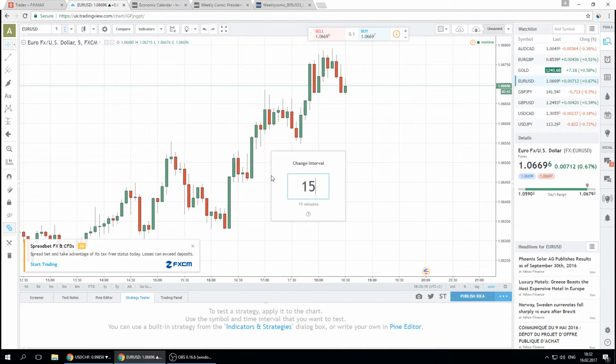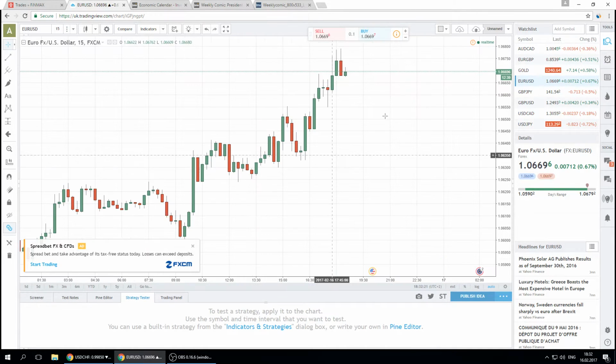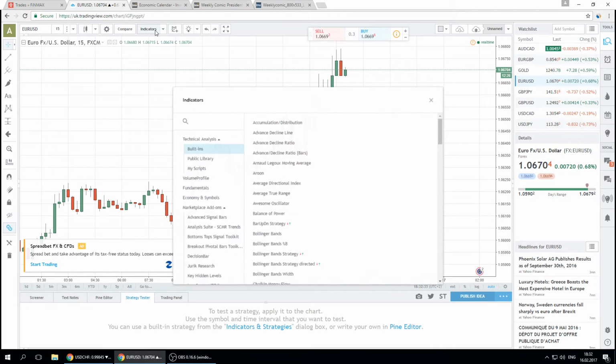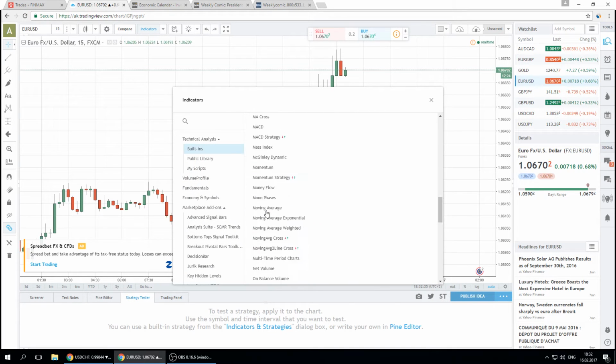Let's switch to the 15 minutes time frame. Right now we see the chart without any indicators, because it's hard to tell what to do in this case without any indicators. So we will add the linear regression.